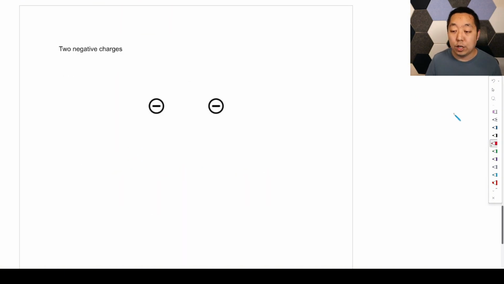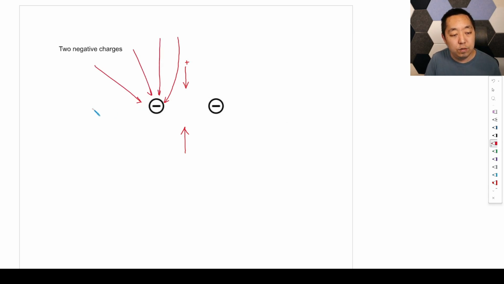Let's say I have two negative charges. It's going to be almost the exact same thing. You're going to have nothing here, but anywhere off axes, it's going to point sort of in this direction. That's because a positive charge, if I place it here, is going to be drawn towards this one and drawn towards this one. If it's right dead center, then the net forces horizontally will cancel each other out, so it'll only point downward. But anywhere else, it's going to be pointing inward towards this negative charge for the most part.